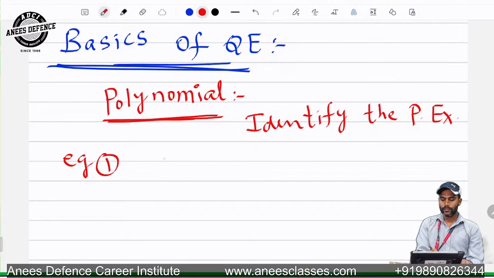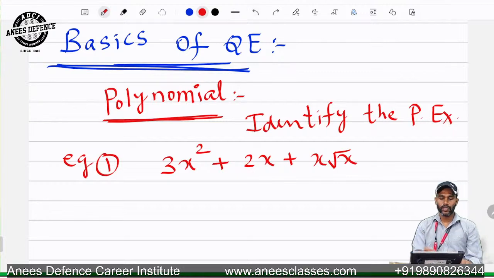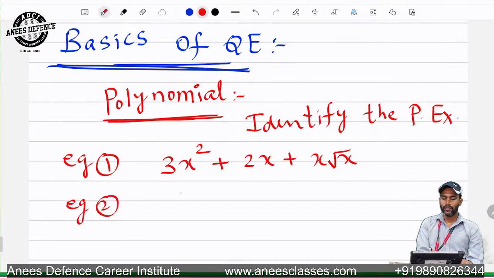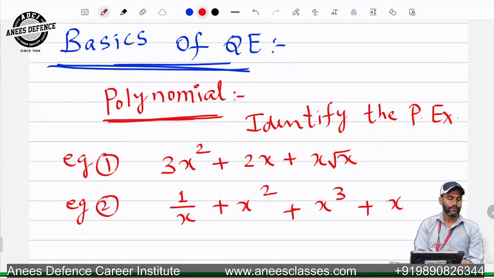Example number 1. Suppose we have 3x square minus 2x plus x root x, only this much. Suppose this one is the expression. Now example number 2. Suppose we have 1 by x plus x square plus x cube plus x.